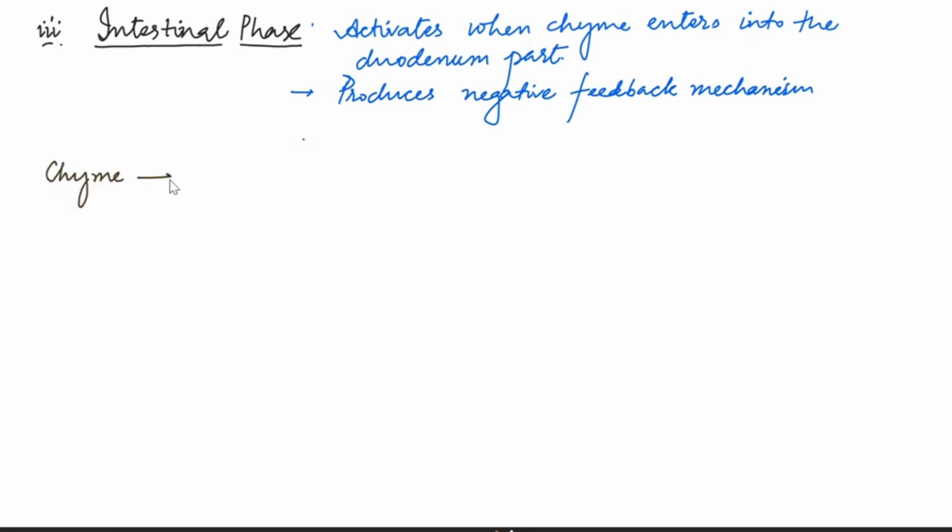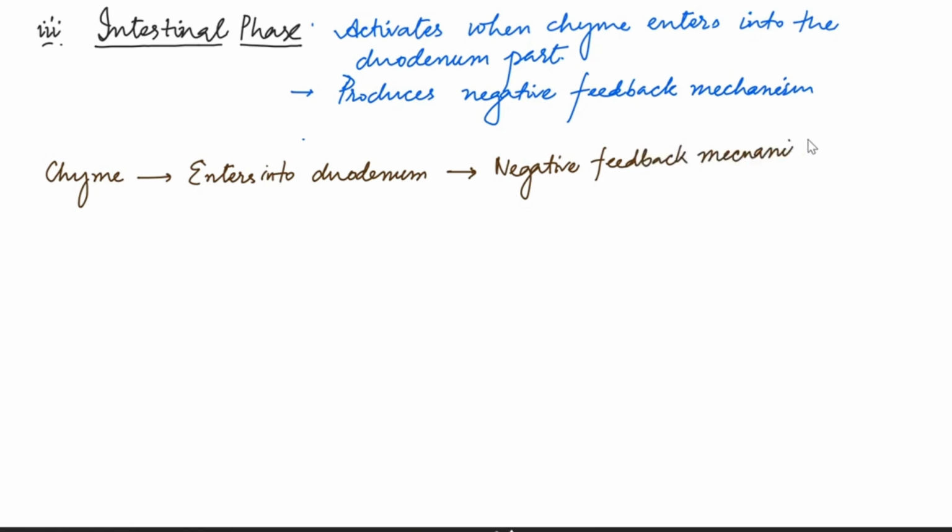Chyme enters the duodenum, and negative feedback is produced, which causes reduced gastric acid secretion.